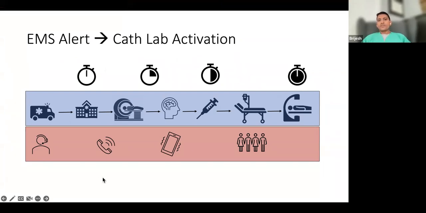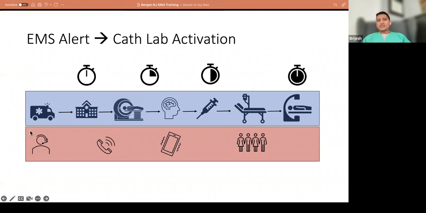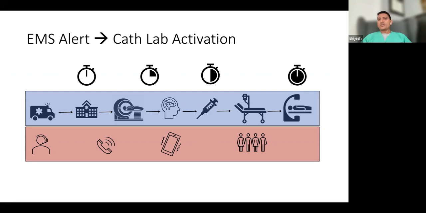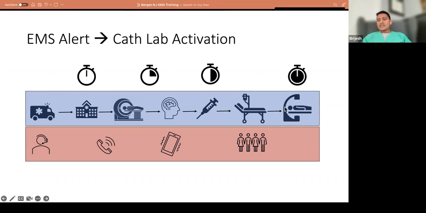And then with our parallel workflow, essentially the blue bar here is the progression from fire rescue to the hospital, CT scan, determining what the scan shows. By 30 minutes, we want to give the clot busting medication, if they're eligible. And then by 60 minutes, to the cath lab and start the intervention if they have a large vessel occlusion.